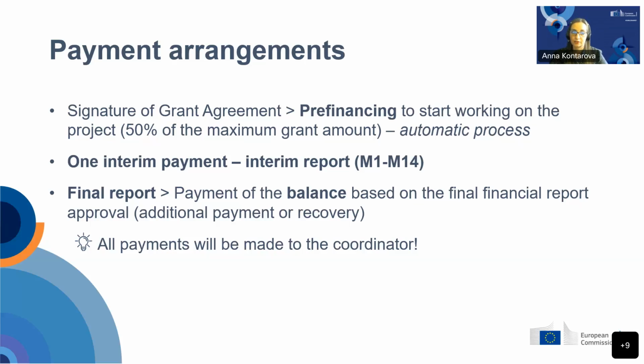There will be one periodical and technical financial report which is linked to interim payment and detailed cost reporting, and then a final report, again financial and technical part, where we will calculate the payment of the balance depending on the approval of the financial report. Either you will receive additional payment or we will ask for recovery.